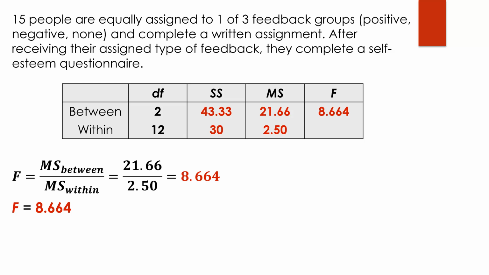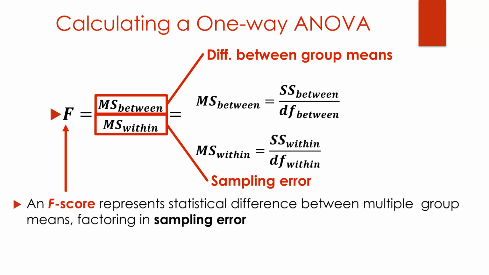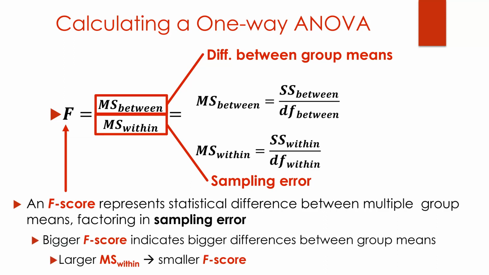Okay, that's our F-score. Now, how do we interpret that? An F-score, again, represents the difference between our multiple group means while factoring in sampling error. So a bigger F-score indicates bigger differences between the group means. Okay. Now, a larger amount of sampling error is going to result in a smaller F-score, just like a larger sampling error in the t-test resulted in a smaller t-score.